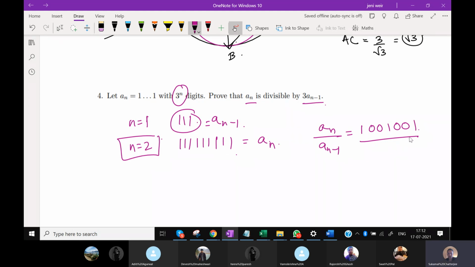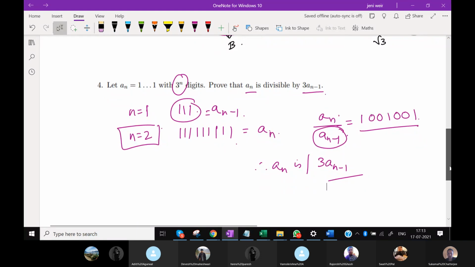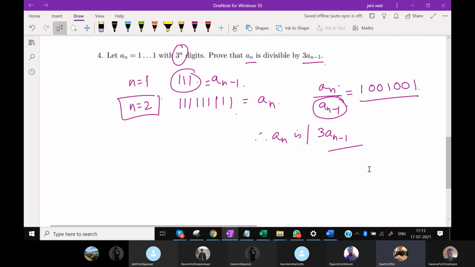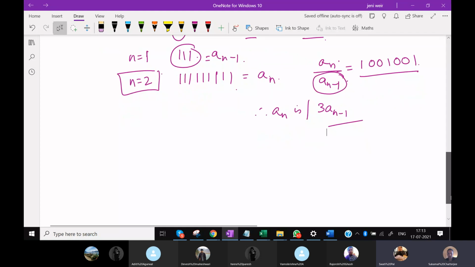So that means a_n will be divisible by a_(n-1), and it will be also divisible by 3. So therefore, a_n is divisible by 3a_(n-1). Clear? Yes, sir. Okay.